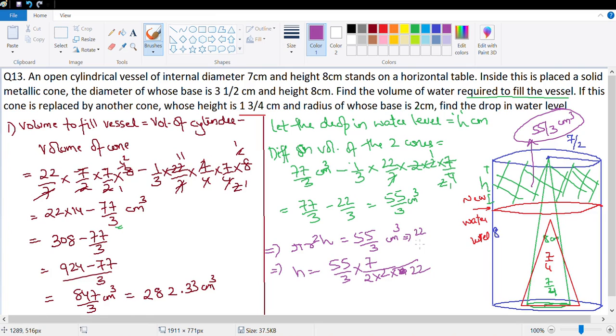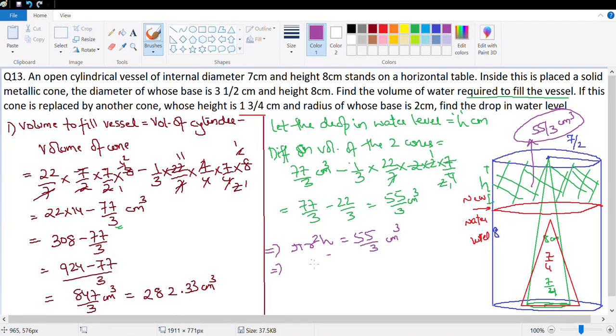That's 22 upon 7 into r, 2 into 2 into h. This is fine. My calculation is correct. 2 into 2 into 22. So 11 into 2, 11 into 5. And we have 35 upon 2, 4, 8, 24. Anything else which can get cancelled? I think I've made some mistake. Let me just redo this last step.